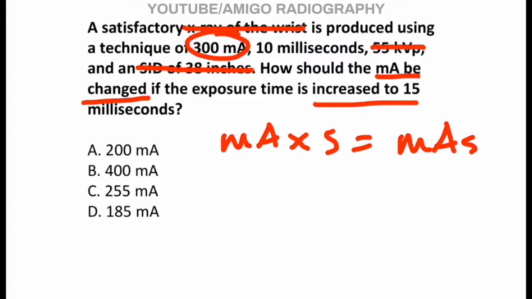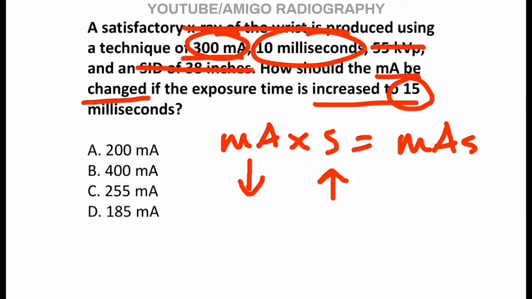Our initial exposure time is 10 milliseconds, but we are increasing the exposure time. So if the exposure time is increasing, then based on the idea of reciprocity, we know that the MA must decrease. So if the MA must decrease, and it initially was 300, we know that B cannot be correct because that's larger.